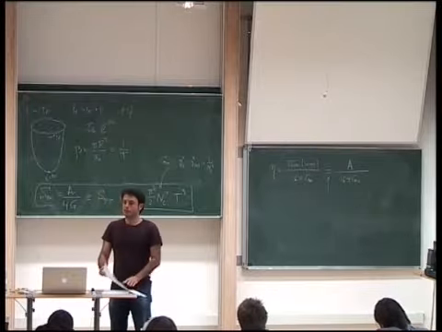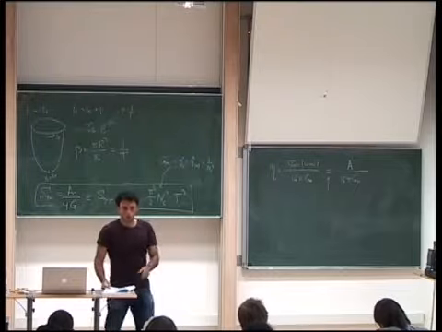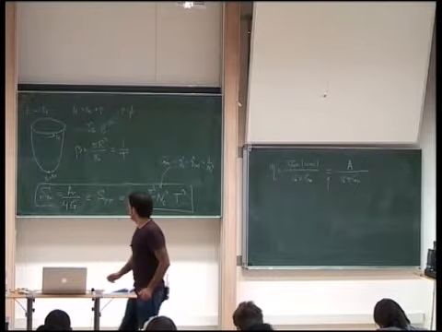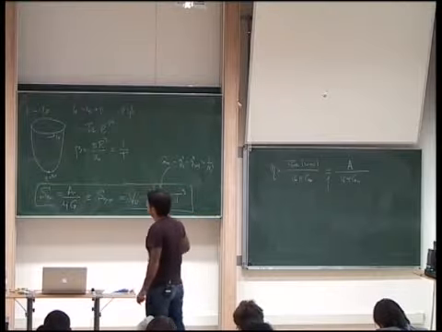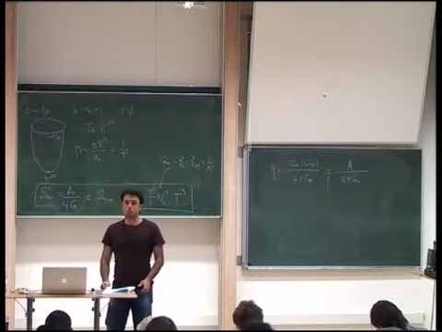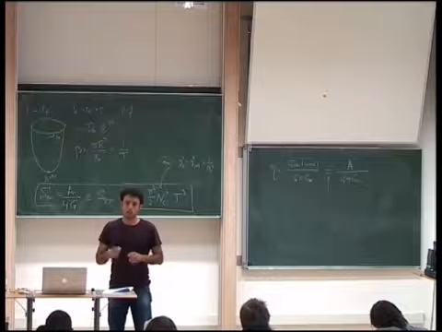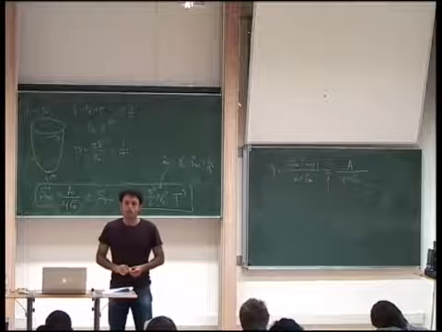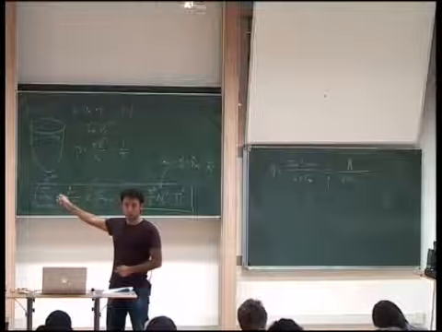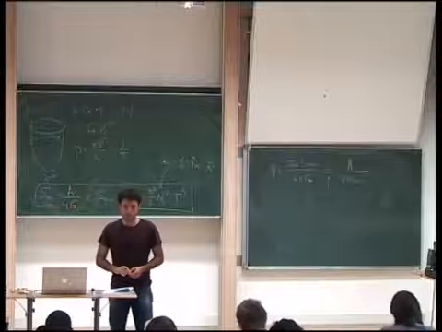Okay, so if there are no more questions, then let me make a few comments about this. The first one is that, as I said, this ratio eta over S equal to 1 over 4 pi is very small. What very small means here is that, for example, for water, which after all gave its name to hydrodynamics, this ratio is 380 times larger than 1 over 4 pi.